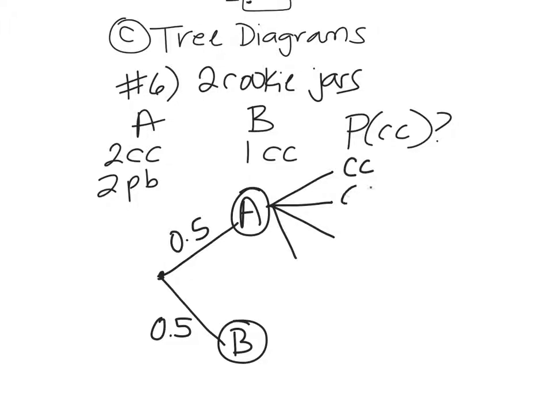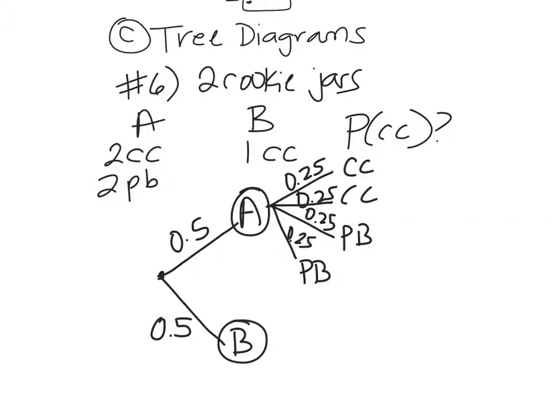And the chance of getting each of those is what percent? 25%. Perfect. 0.25 for all of them, right? This is called a tree diagram. Do you see the tree forming?